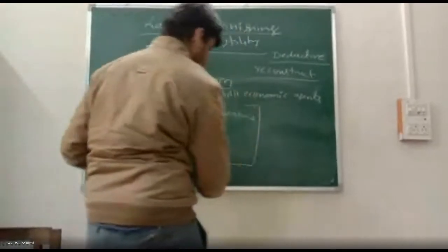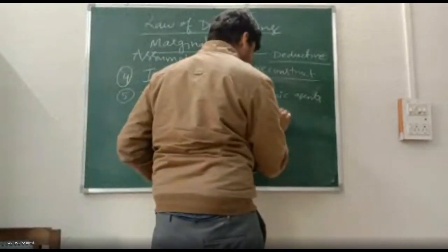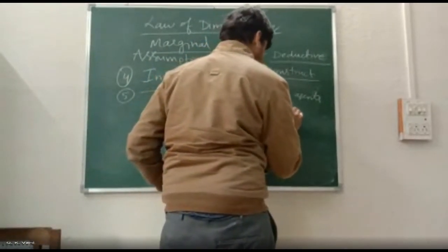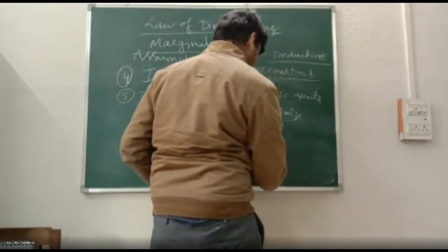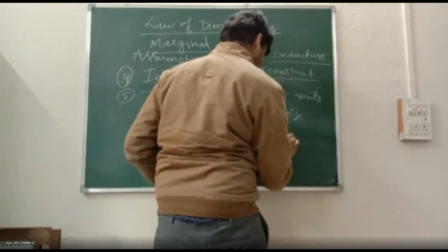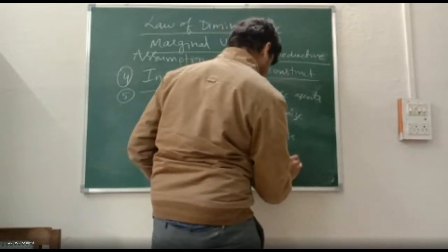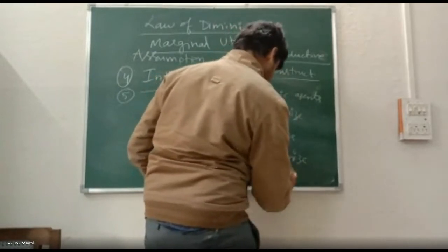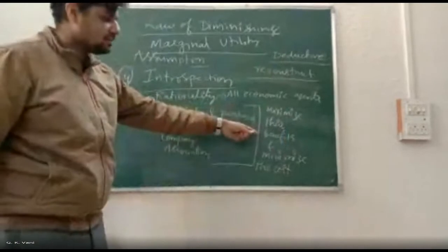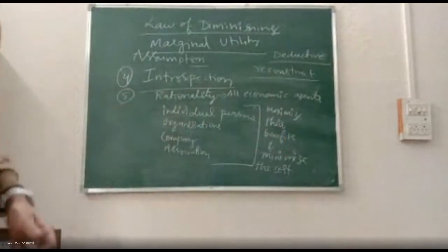Under the assumption of rationality, it is assumed that they all maximize their benefits and minimize the cost. That's what the rationality assumption says.